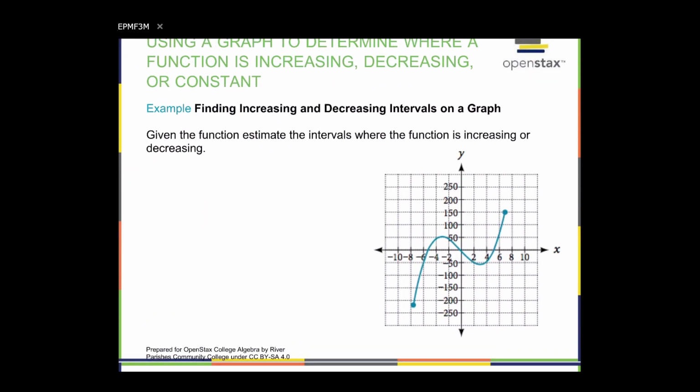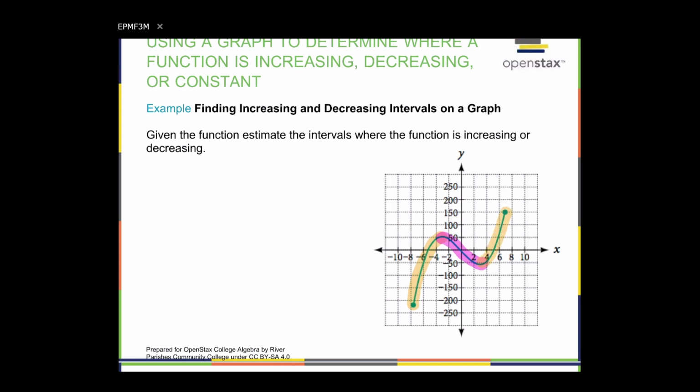All right, so we're going to find increasing and decreasing intervals again, given the function, where is it increasing and decreasing. So I like to just kind of highlight portions. It's going up, and now it's going down, so decreasing, and then it's going up again.